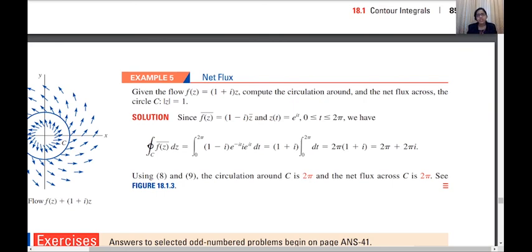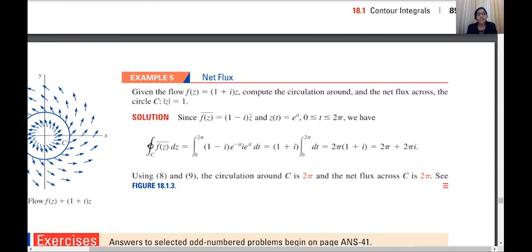So e raised to it and e raised to minus it get cancelled, so it will be 1 plus i into integral 0 to 2 pi of i into dt. Now when we multiply it by i, we get 1 plus i into i is nothing but i plus i squared, that is i minus 1.